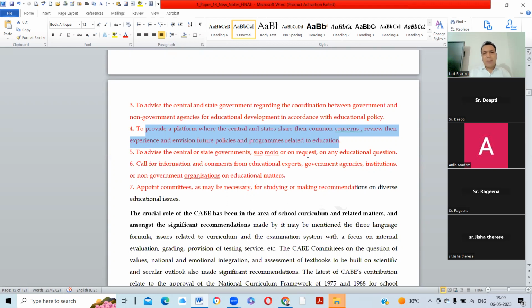Since independence, there was a target to provide at least primary education to students. Once this was achieved to some extent, they started on secondary education. So these are the policies, the advisory bodies behind the government, working to provide education institutions in India and to manage center and state relationships. All these things are managed by CABE.